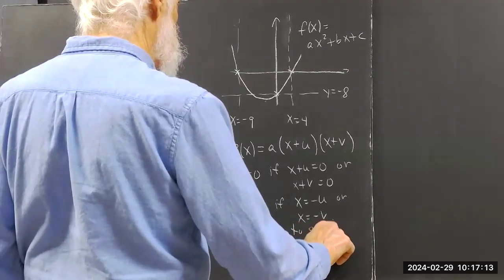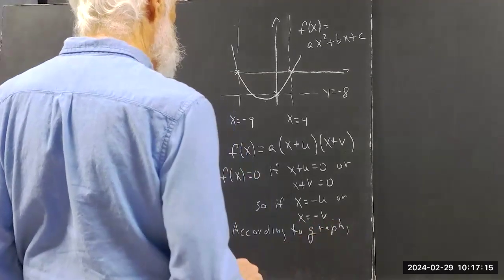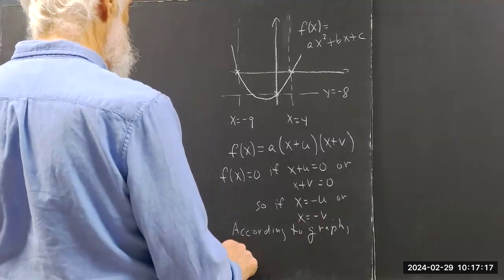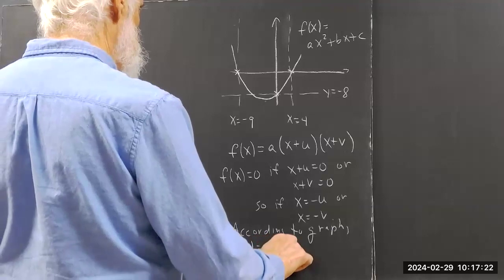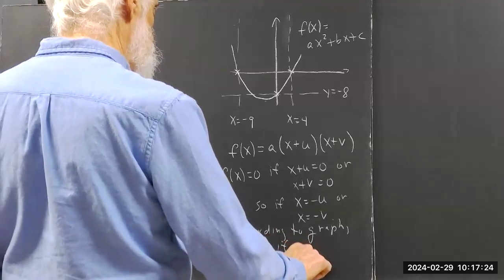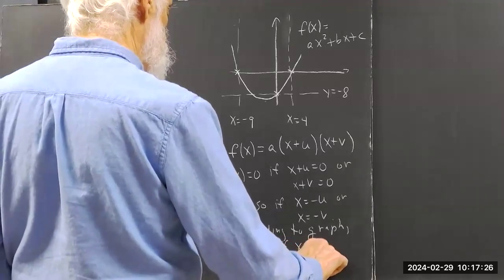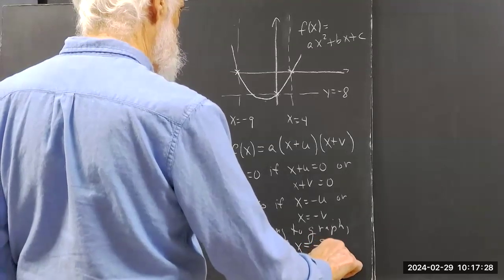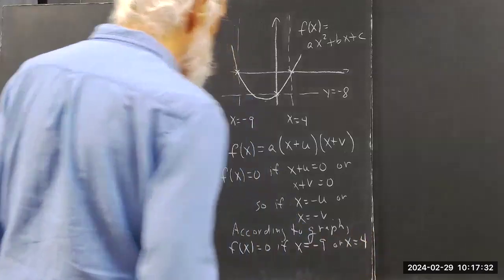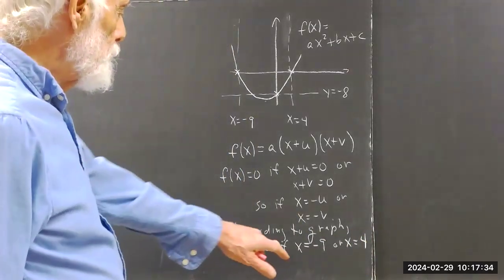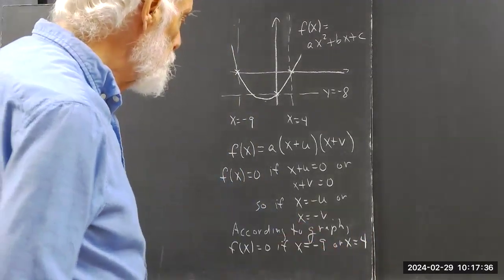According to the graph, we get 0 if x is -9 or x equals 4.